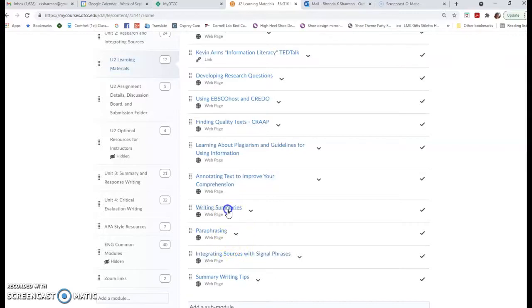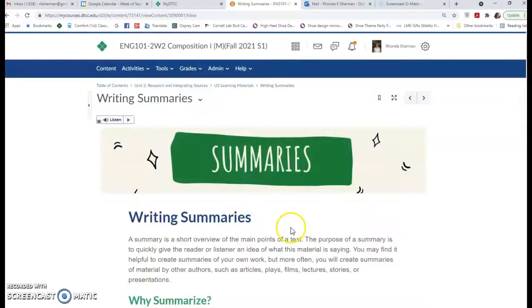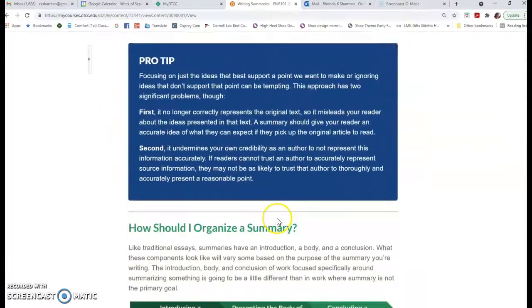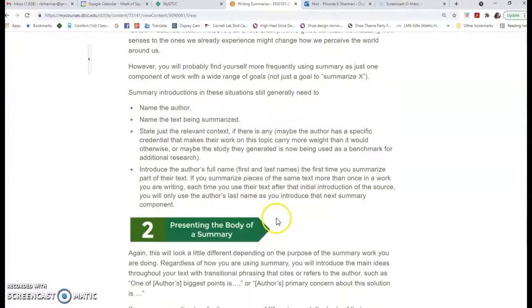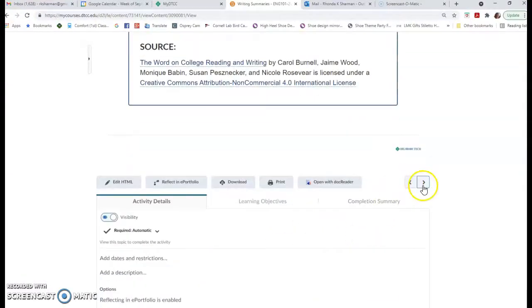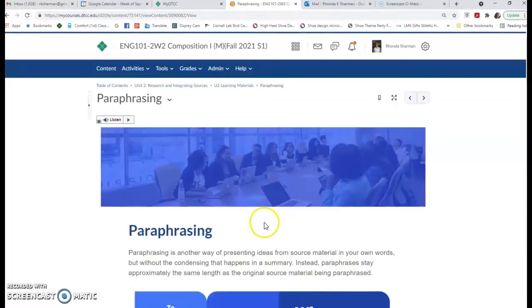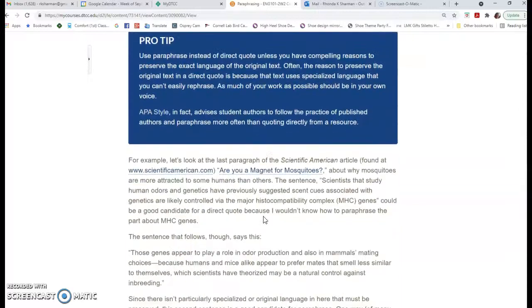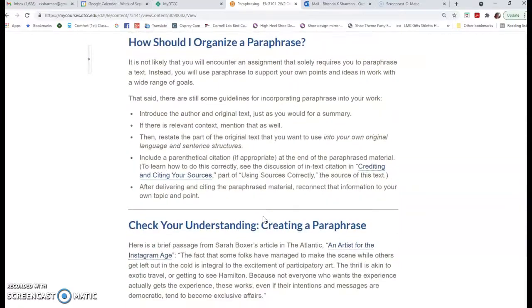So it's very important that you go into each of these pages and go through the material thoroughly so that you understand what it means to create a summary. Then you move on to understanding how to paraphrase. Please go through all of that information.